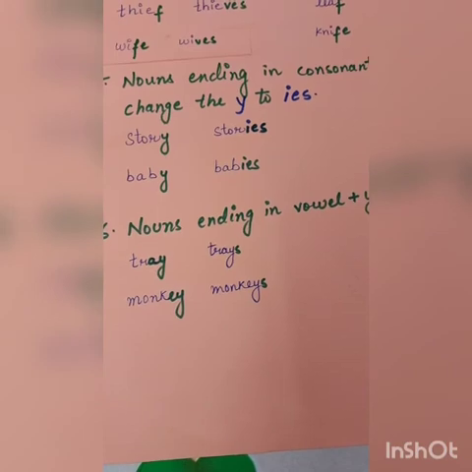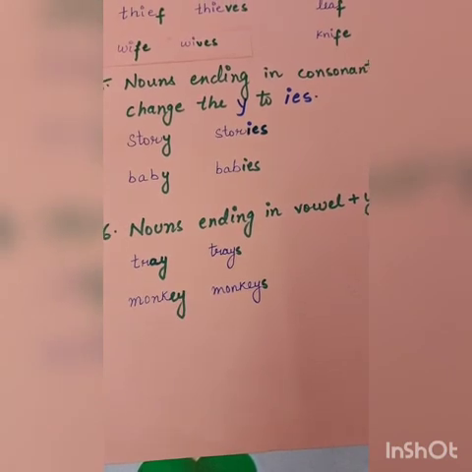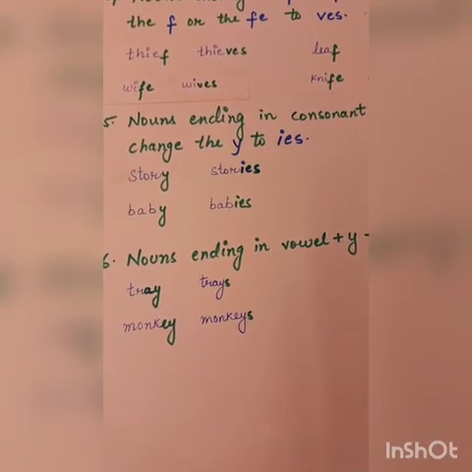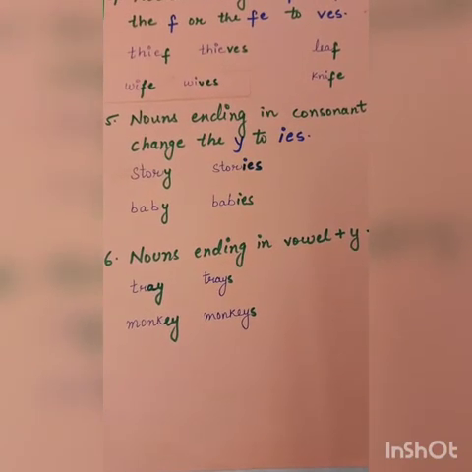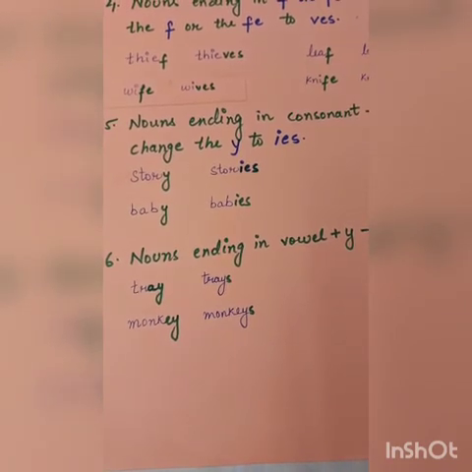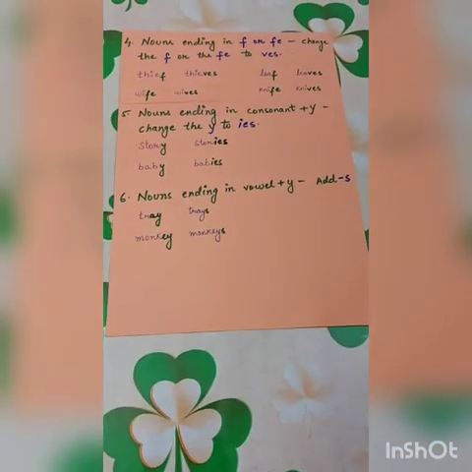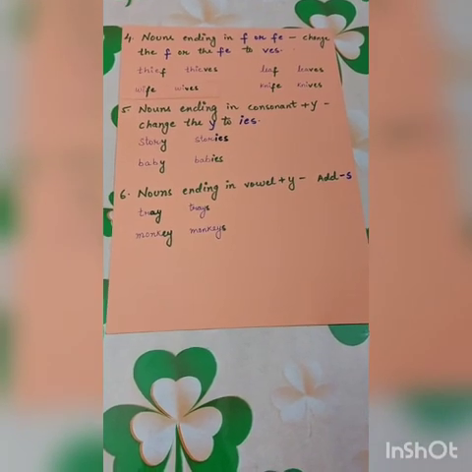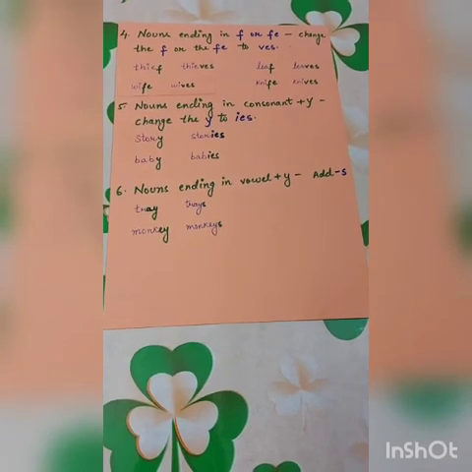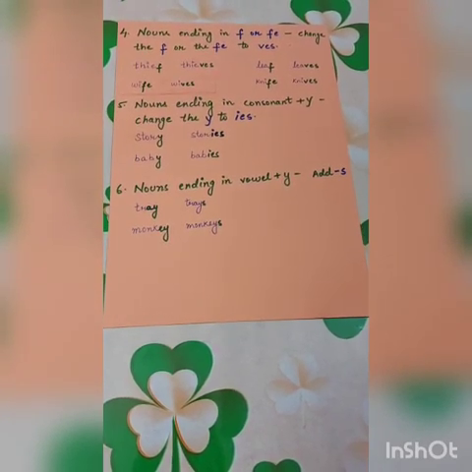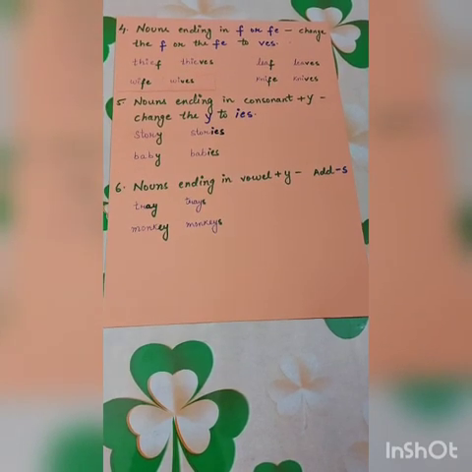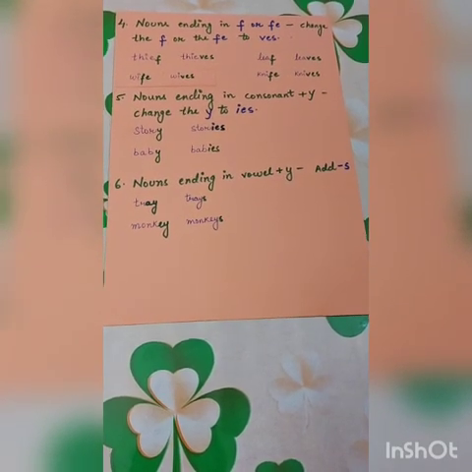We will make it into plural by adding S to it. Next example is monkey. The noun monkey is ending with Y, and Y comes just after the vowel E. So here again, as per the rule, we will add S to it to make it into plural. So the plural of monkey is monkeys.